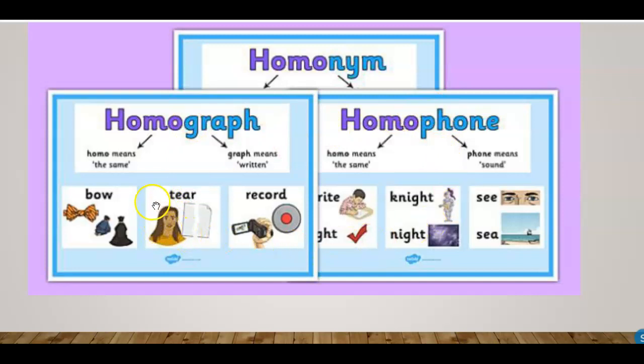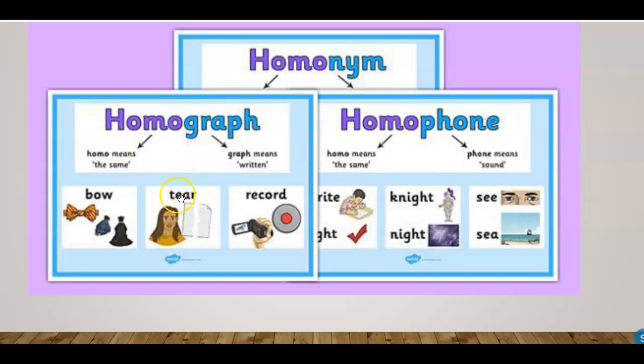So here you can see an example of the word tear, or is it tear? Looking at the spelling, we can say this word two different ways. Tear refers to when you cry. Tear refers to when you rip something in half. So it's spelled the same.